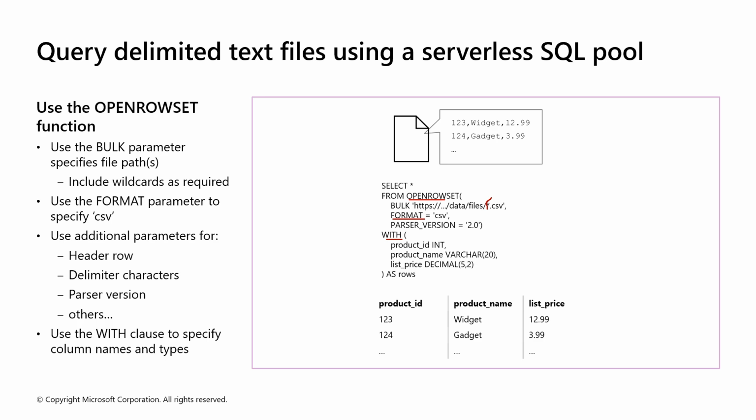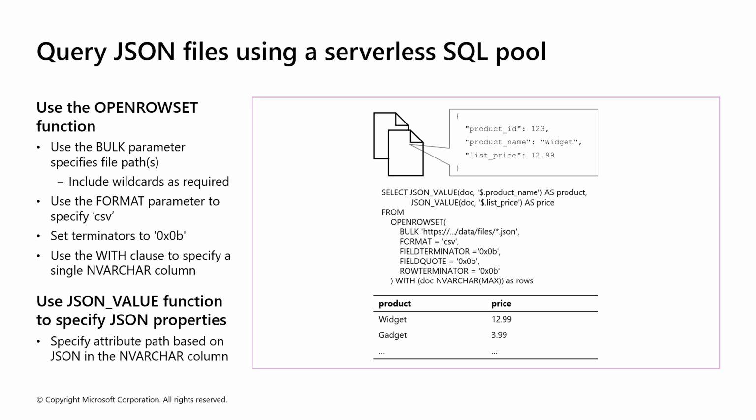And next comes the querying of JSON files. JSON files are a bit trickier because they have nested structures. Here is how you handle them. If you see this particular piece of code, we select each JSON value that is present inside the files with the help of the JSON_VALUE keyword. And if you see the format here, it is mentioned as CSV.